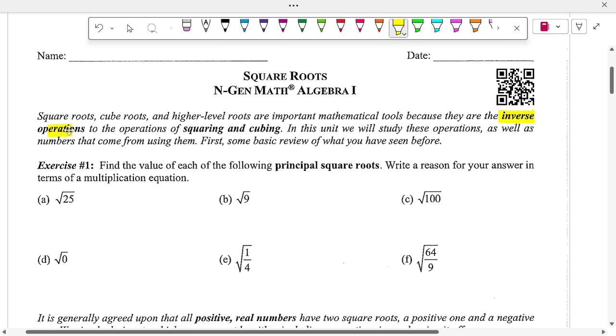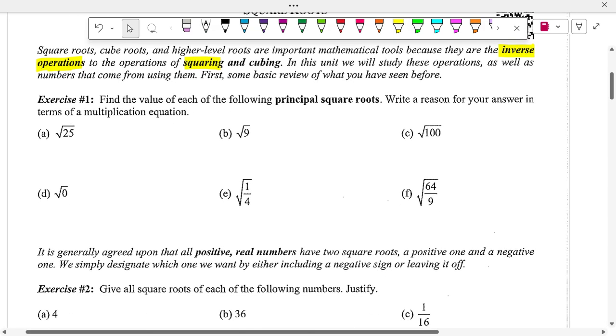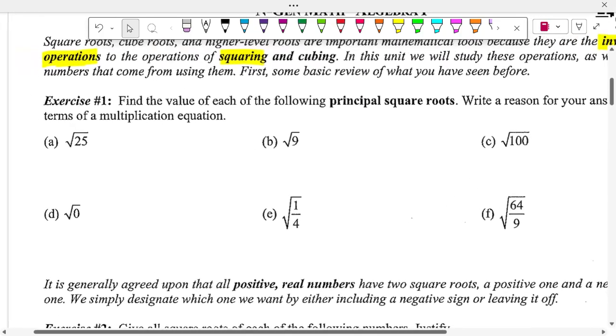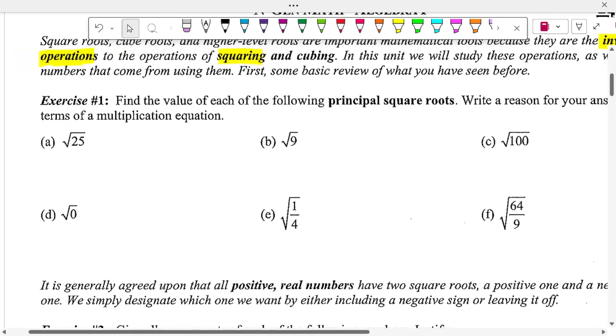They're the inverse operations of squaring. That's why we care about square roots, because when we're solving quadratics, at some point we're going to have to tackle that x squared. How do we undo a square? We take a square root. All right? So, knowing how to simplify radicals is very, very important.